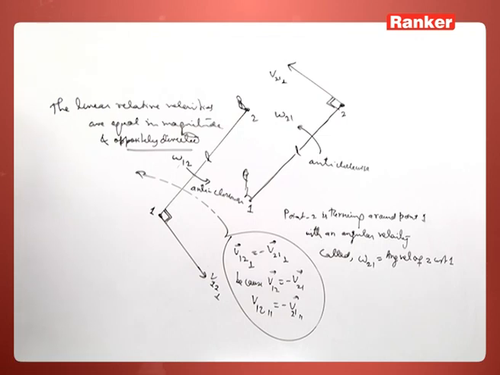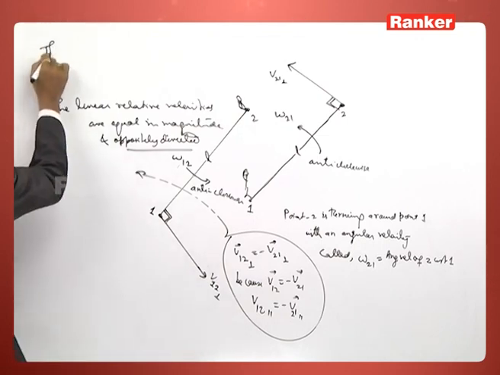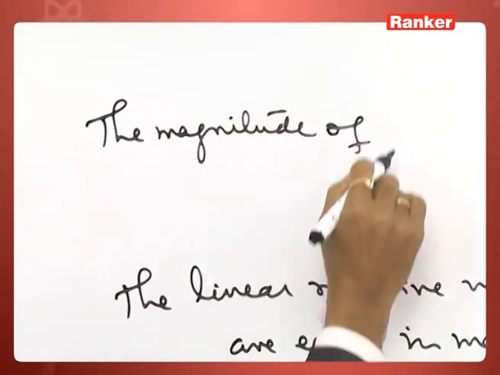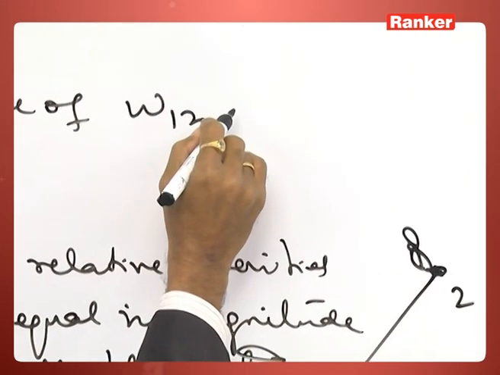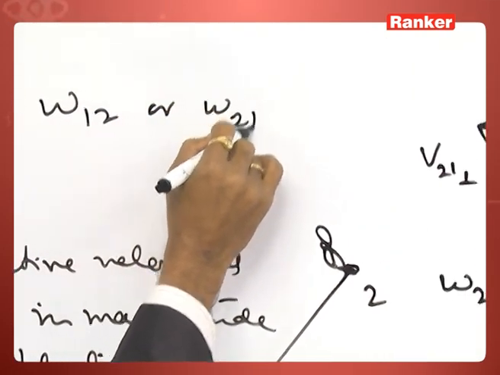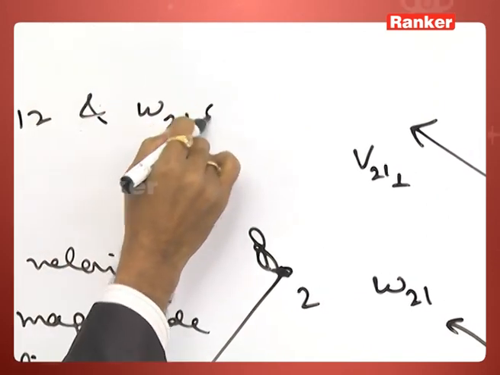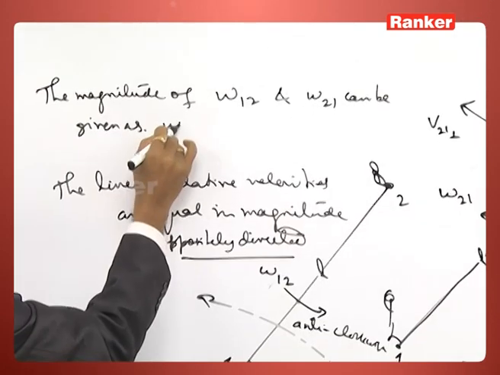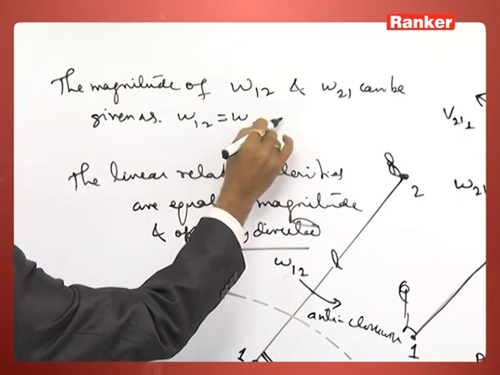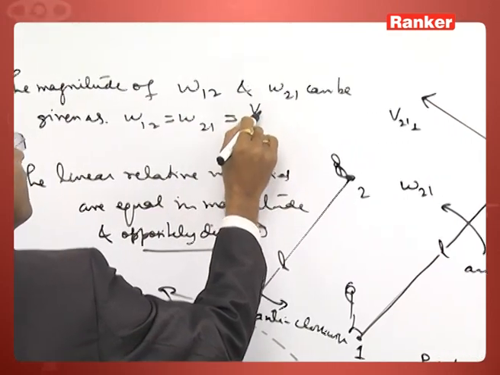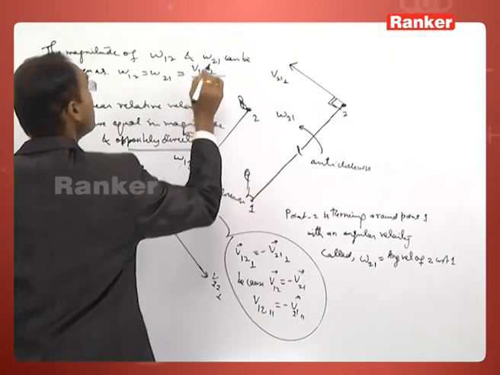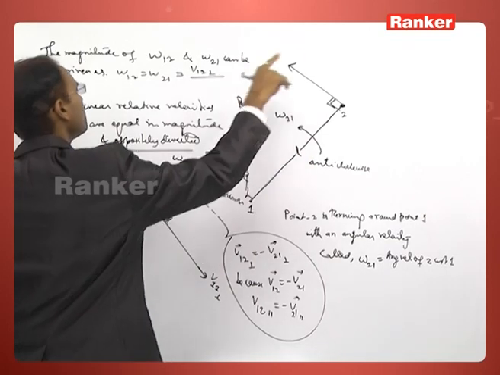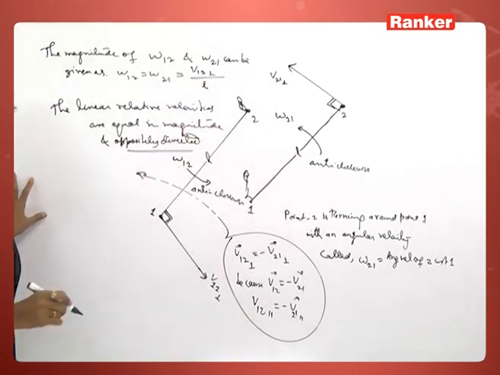Now come to the magnitude part. The magnitude of omega 12 or omega 21 can be given as: omega 12 is equal to omega 21 is equal to the component of the relative velocity perpendicular to the line of separation upon the distance of separation.